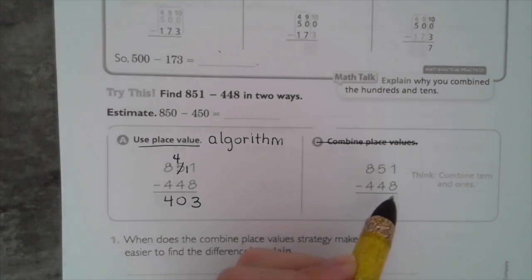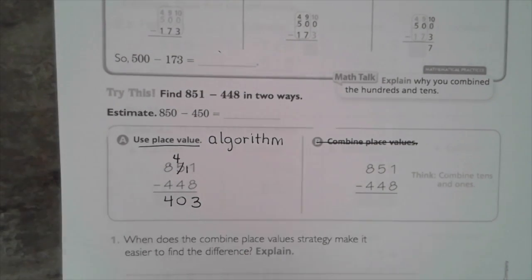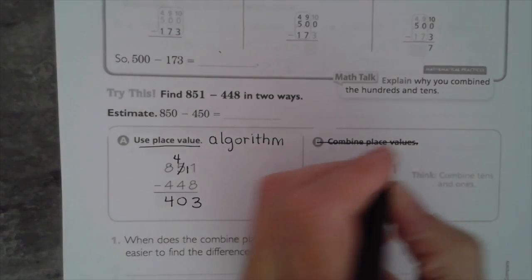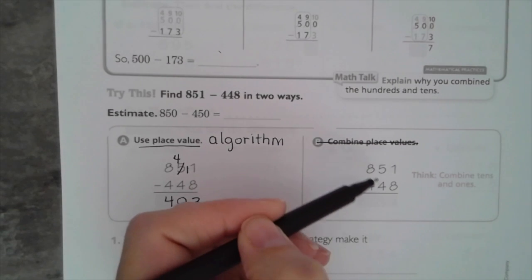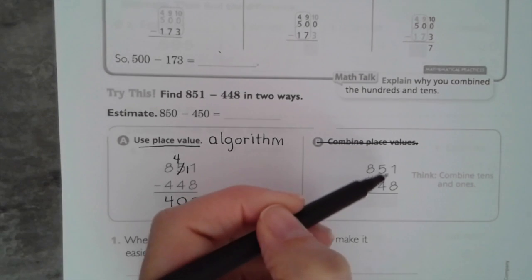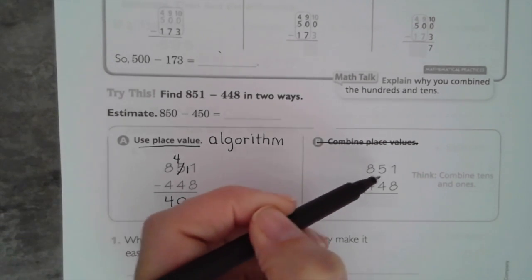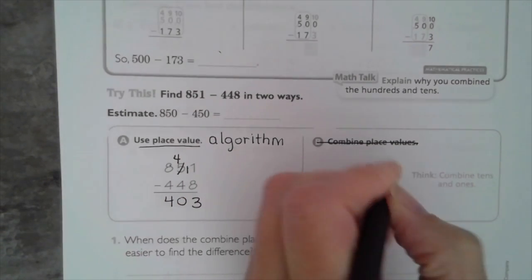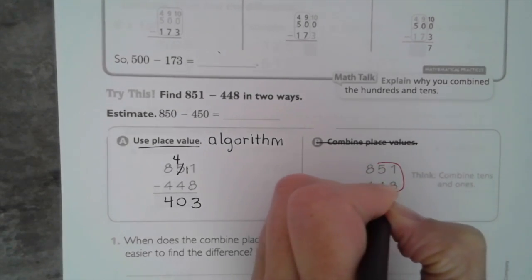Okay, so again, this is the same problem. I'm supposed to show you how you'll get the same answer, which I'll do, but we're not using this. Because if I look at these and I combine them, 85 and 44 are not very close to each other, are they? But 48 and 51 are pretty close to each other, and that's the goal.